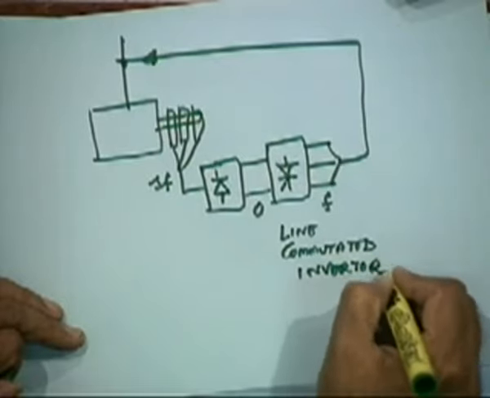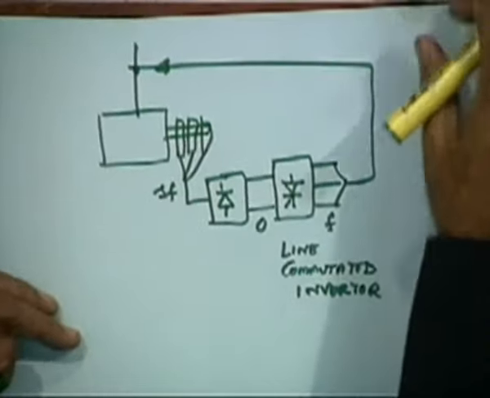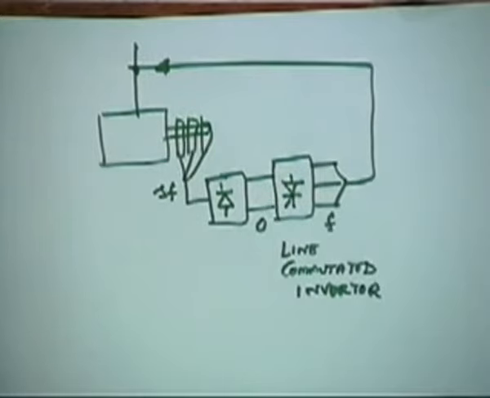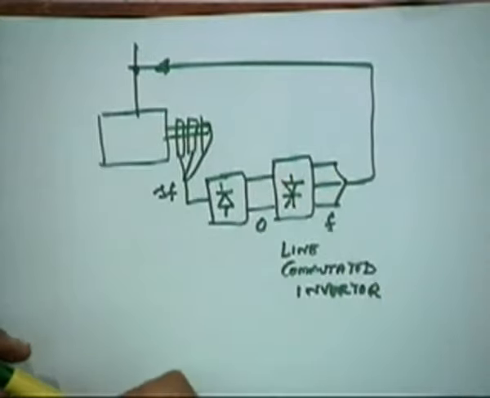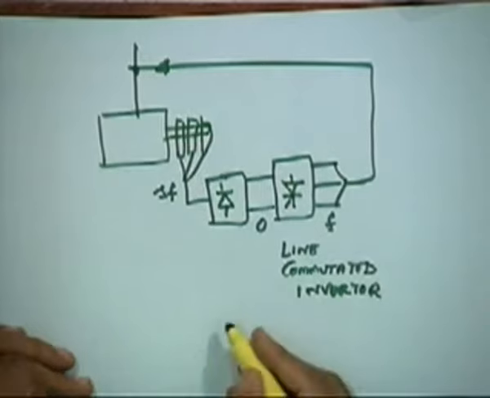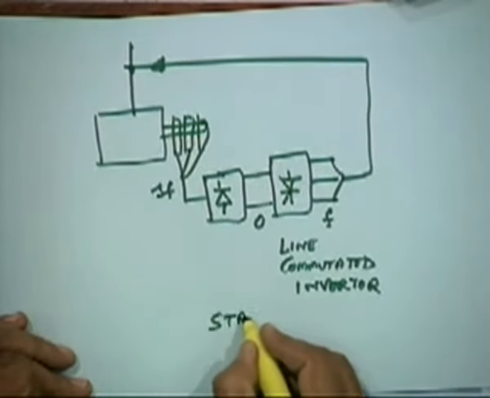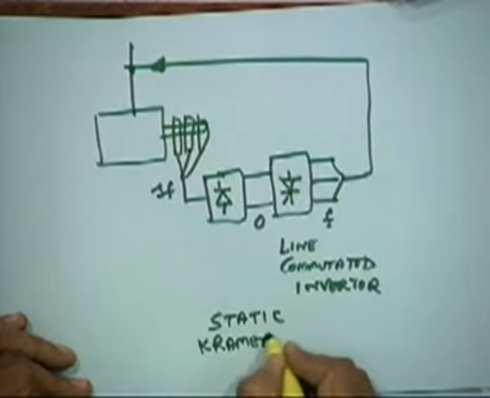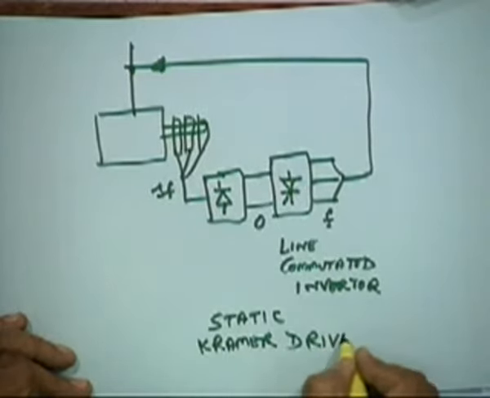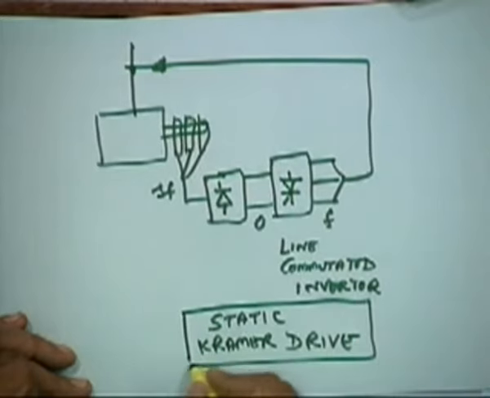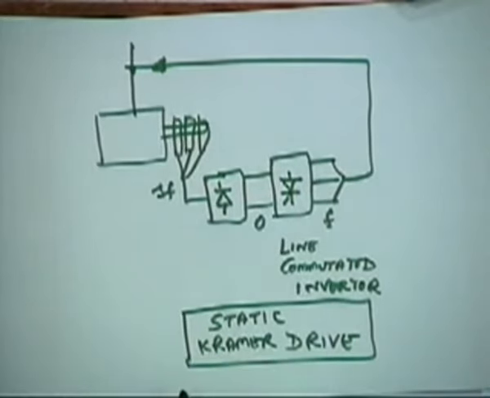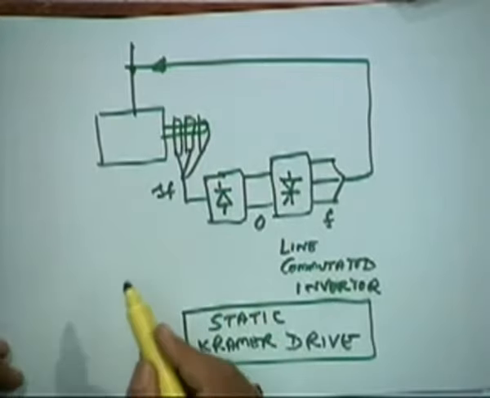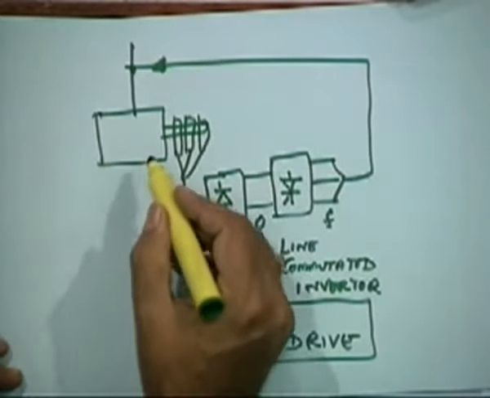Because the inverter has devices which have to be switched on and off, you switch on by an extra signal and you switch off by the line, because the line itself will switch it off. This is called a line commutated inverter, and this is called a static Kramer drive. This is one of the very prevalent and widely used systems.